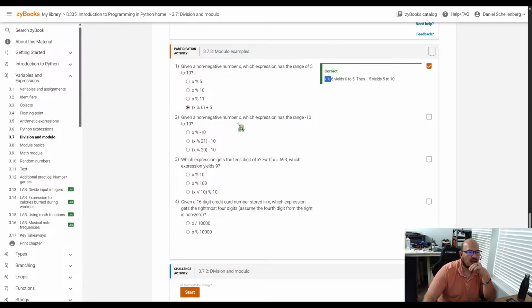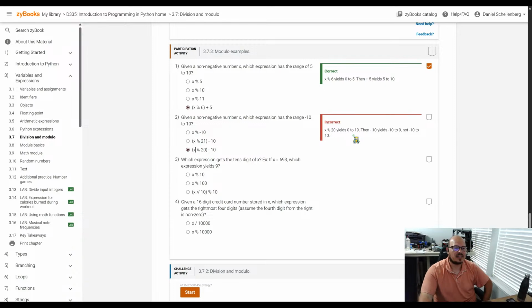Given a non-negative number x, which expression has a range of -10 to 10? So is it saying that with the 20... oh no, I'm already wrong. So x modulo 20 yields 0 to 19, then minus 10 yields -10 to 9, not -10 to 10.